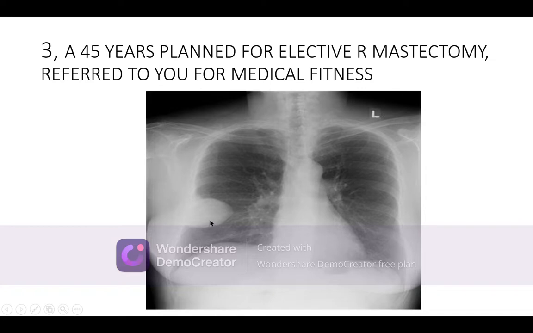Other routine investigations can be done for the fitness purposes. And after the whole examination, if it is found that it is a benign type of lesion, then leave this lesion and do the medical fitness, confirm it, and the patient can have the elective right mastectomy.